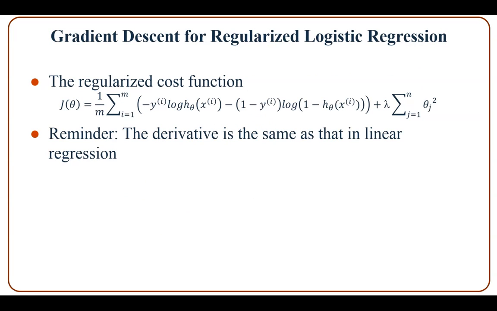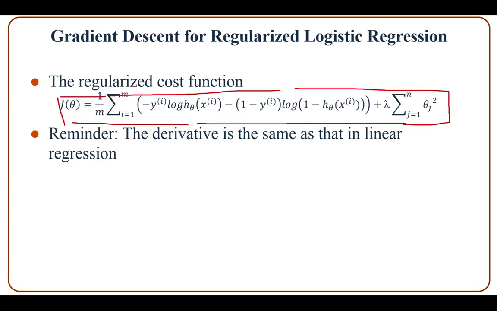Now we look at the gradient descent for regularized logistic regression, and this is the regularized cost function. You can see that it is actually the original cost function plus this term, and you add this term in, right?